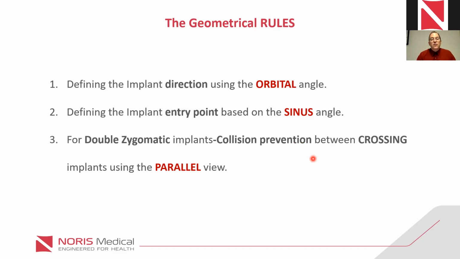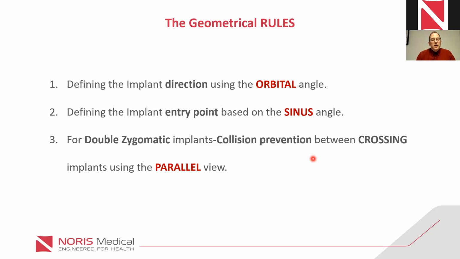And then for quad zygoma or double zygoma, when implants are going one on top of the other like that, we need to know how to position the posterior implant without having the apex touch one another. Okay, we don't want the apex to touch, we want it to be one on top of the other. And there is a way to see that, a measurable way, no guessing, a measurable way to see that. And I've talked about this yesterday. And this is called the parallel view. And we will understand what the parallel view is.